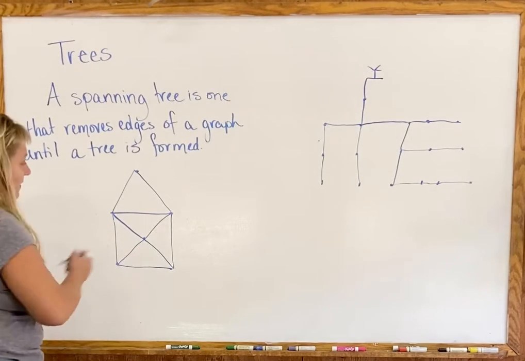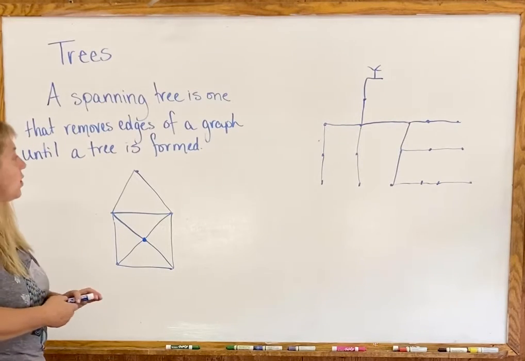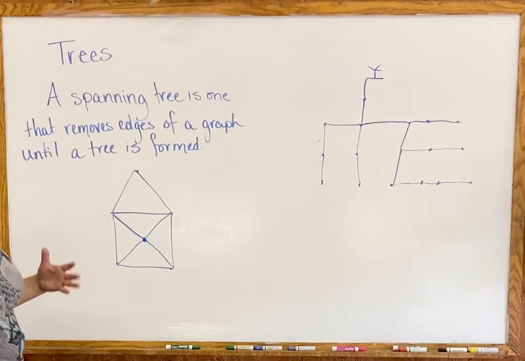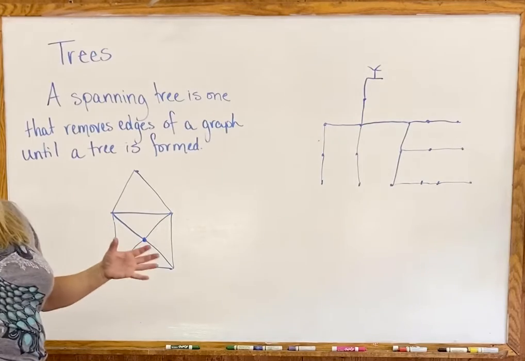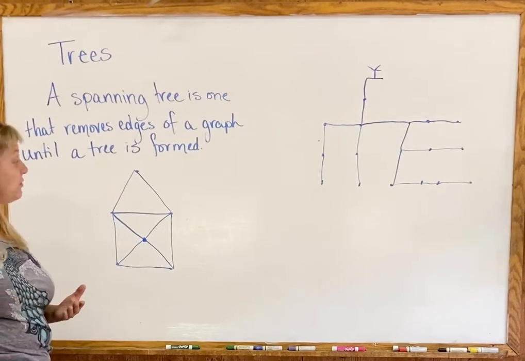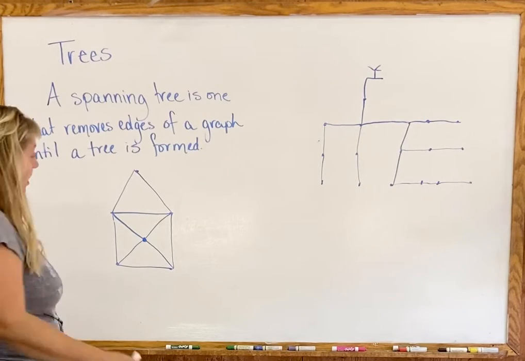They are separate from each other because there is a vertex there, okay? So we look at this and we already said that there was no tree here. So what we want to do is form a tree, okay? And there are lots of different ways to do this, but a spanning tree means we're going to start to remove lines that we don't need. And you could do this any way you want.